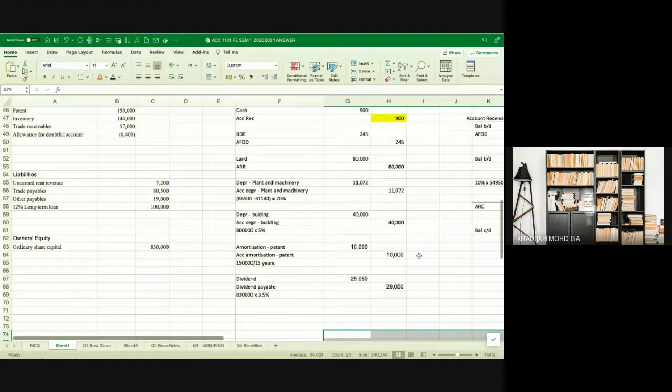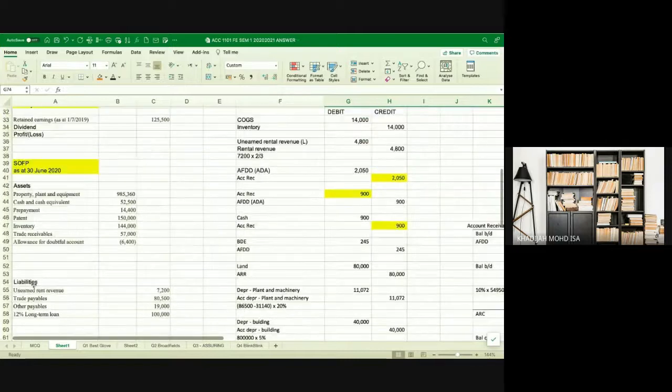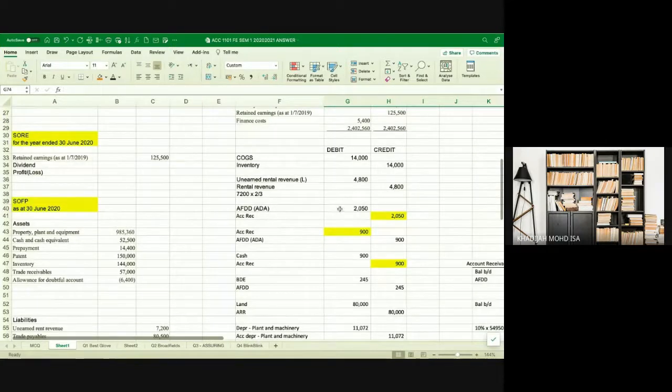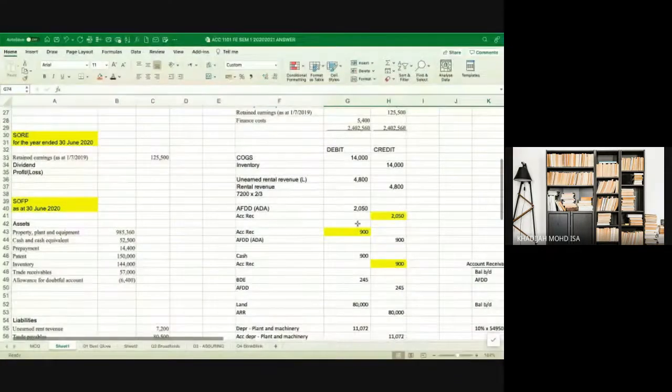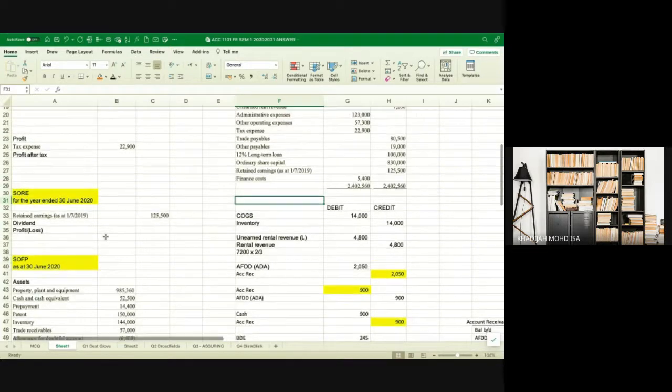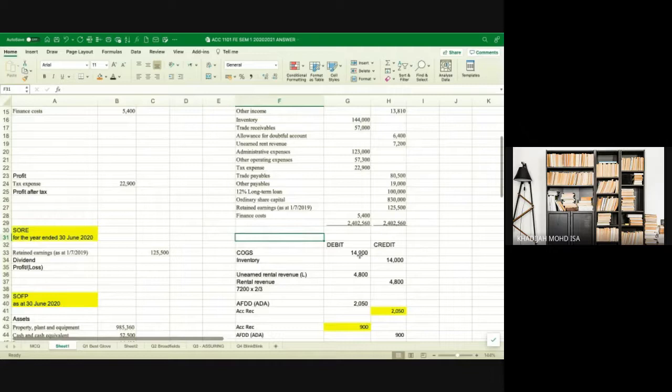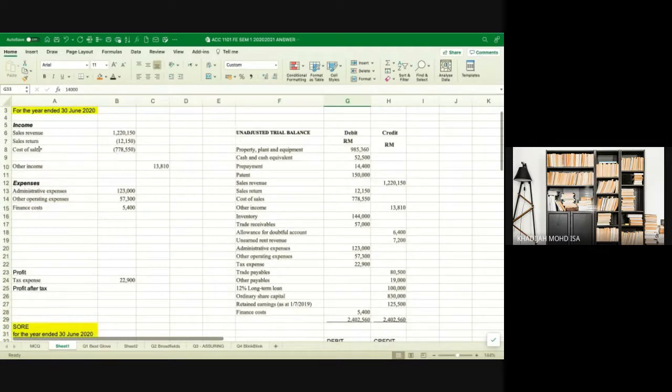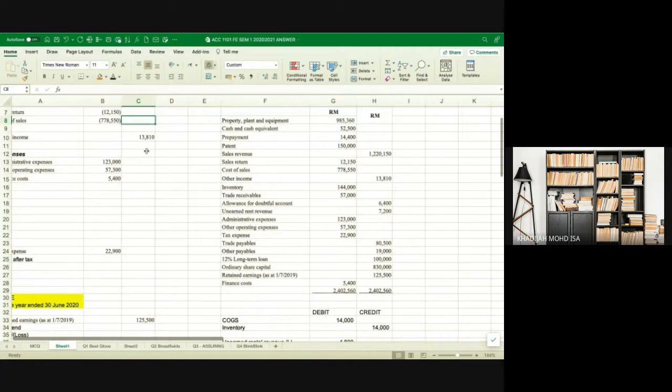So once you have this, and remember that you already have prepared all this, you plug this information into the respective financial statements. So these journal entries, you plug into the financial statements. The first one is you debit your COGS. So you add to your cost of goods sold, so what you have is minus 14,000.